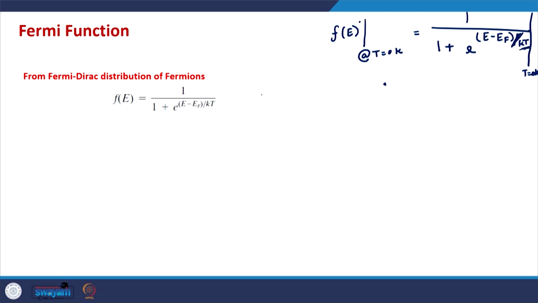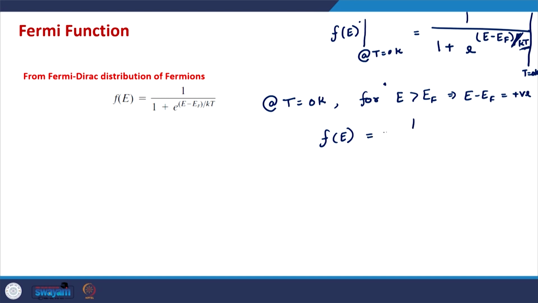So, which means at T equal to 0 Kelvin temperature, for energy values greater than EF, for energy levels higher than Fermi energy levels, E minus EF would be positive, which means this Fe will be one divided by 1 plus this quantity here will tend to infinity.